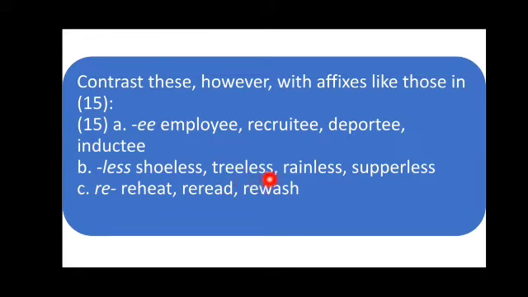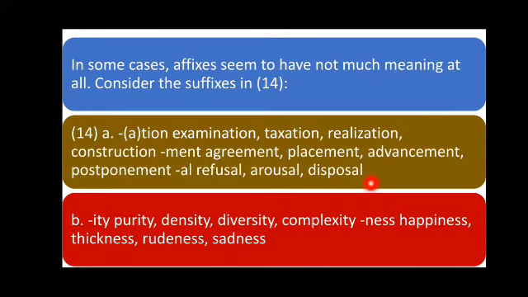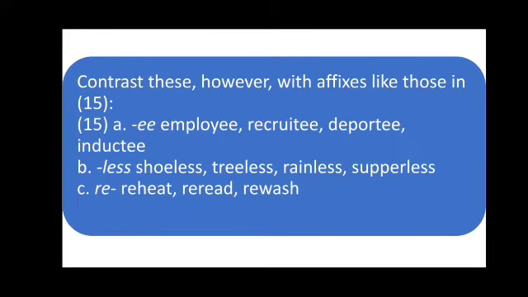So we can see that these suffixes and prefixes add meaning to words, compared to the previous slide, where we talked about diverse and diversity. Those suffixes and prefixes do not add any meaning, and compared to this one, these do add some meaning, right?